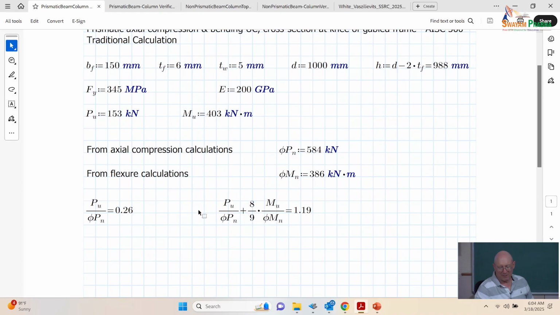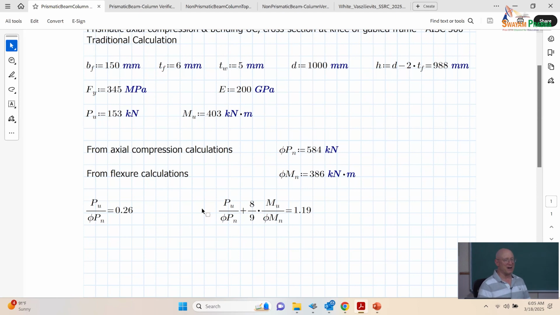Now, if you stop and think about it, it wouldn't be that hard for something like this, where it's just, oh, this is just a single isolated member that we've taken out from everything else. Okay, so now we're going to go through a lot of extra effort to analyze this member under pure axial compression. Then we're going to go more effort to analyze it for just bending alone.